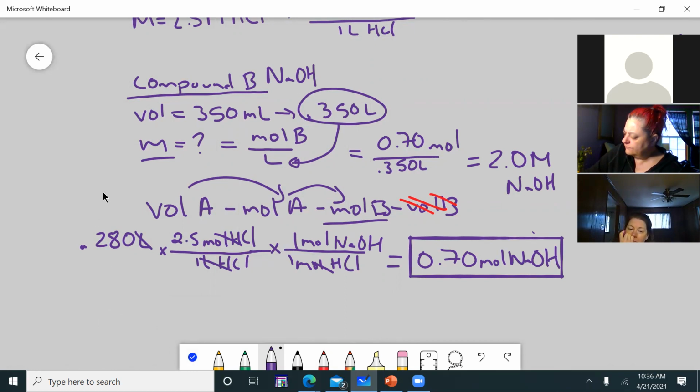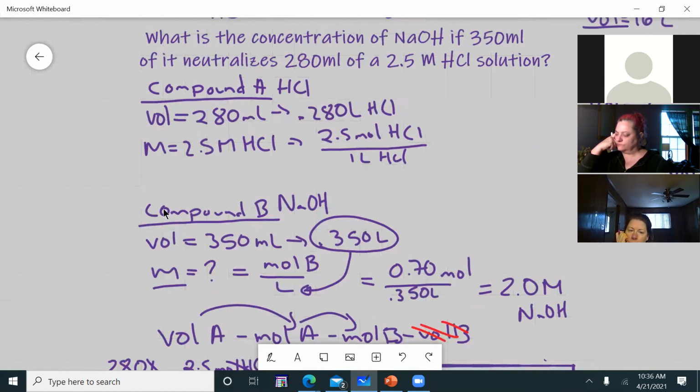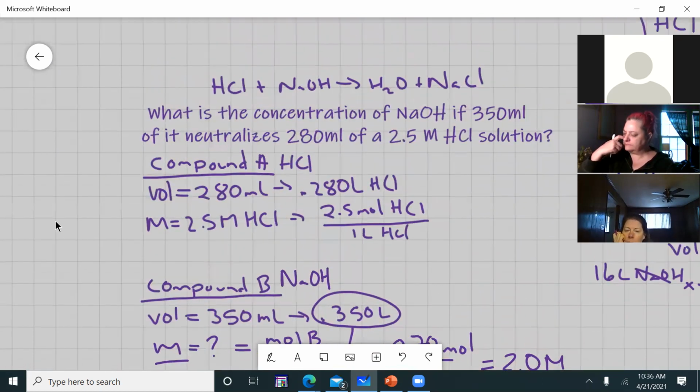We actually will do a little bit more practice of this in the next chapter because the next chapter is all on acids and bases, where we neutralize an acid and a base, and this is pretty much a neutralization problem. So we will revisit this in the next chapter and we'll do 1 or 2 more. But hopefully the setup is making sense going through here, and hopefully you're seeing why it's important to really lay everything out.